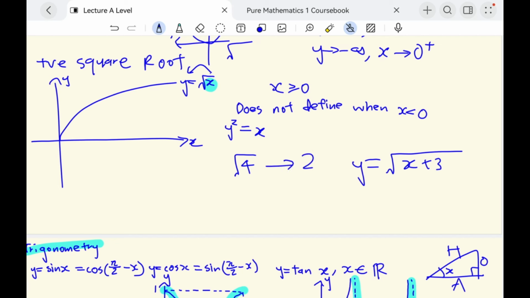And 2 squared is 4. But negative 2 squared is also 4. When you consider the negative as well, you are no longer calling it the positive square root. You need to consider the negative range in the positive domain of the square root function graph.